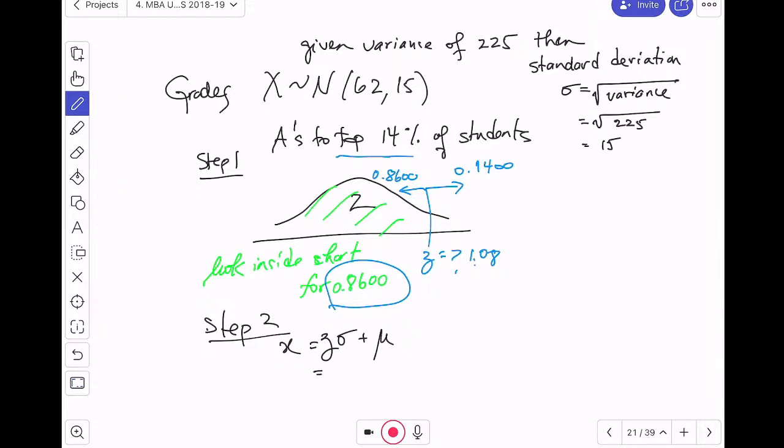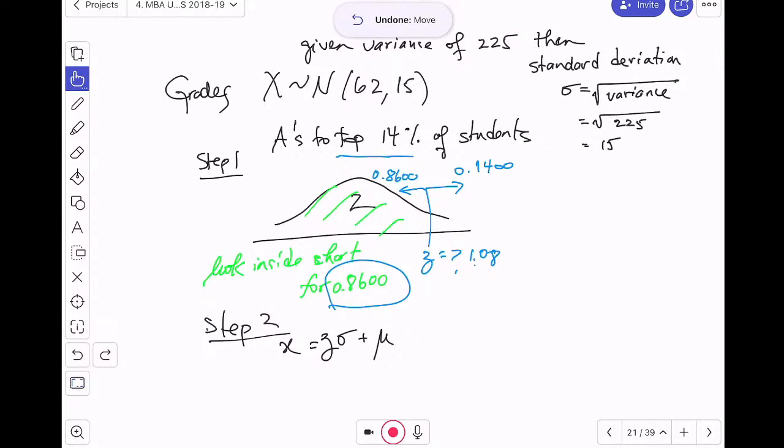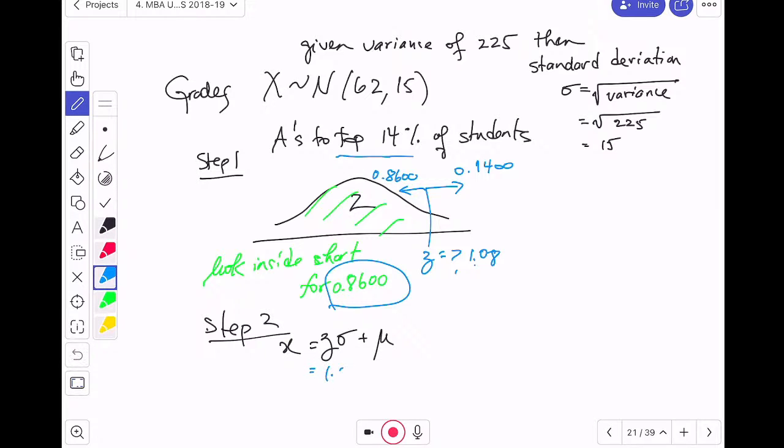So this is 1.08, standard deviation is 15 from the mean, and I get my answer. 78.2.